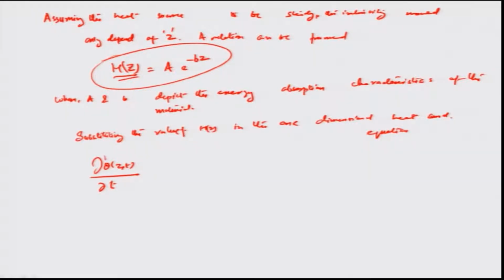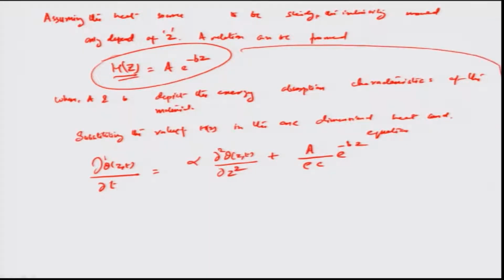Okay. So, the variation of temperature with respect to time would be alpha times the second differential of the temperature with respect to space, d2 theta(z,t) by dz square, plus A by rho c e to the power of minus Bz. So, this is what the value of H(z) comes out to be. It is no longer time dependent because we assume that to be a steady heat source. So, the function of time, it does not change, only changes with z, the depth from the surface.